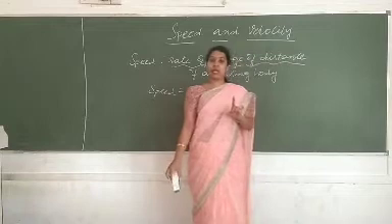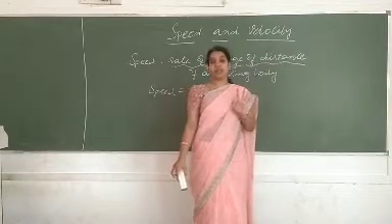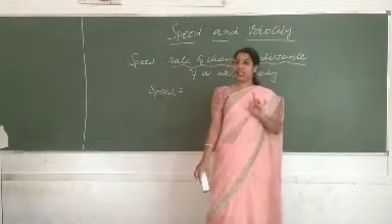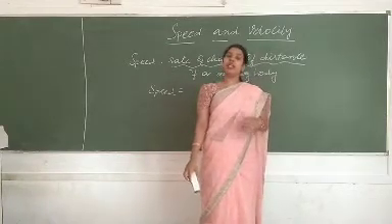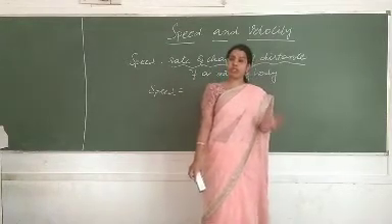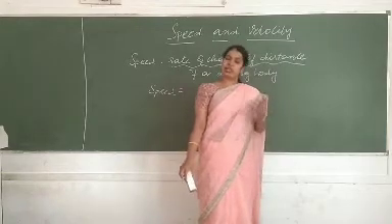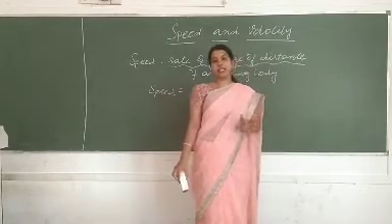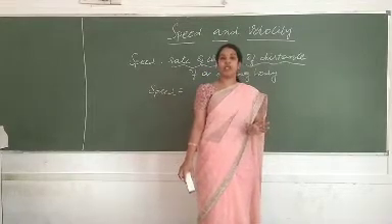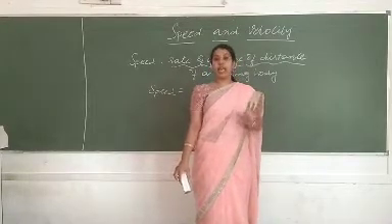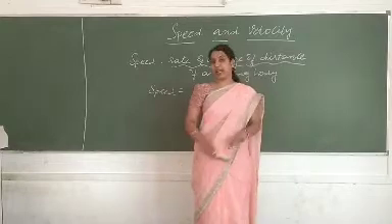Rate is different, ratio is different. I have written rate of. So whenever in physics you get a sentence starting with rate of, it is clearly understood that in the denominator we have to write the time factor.